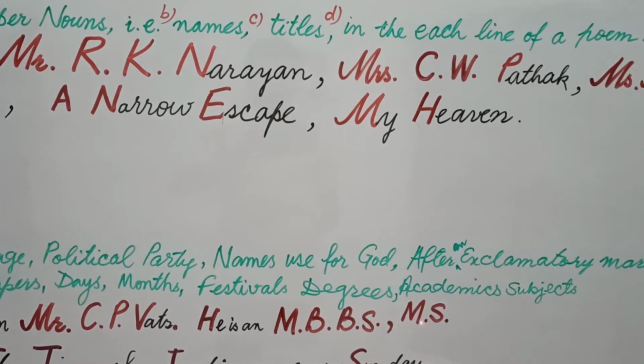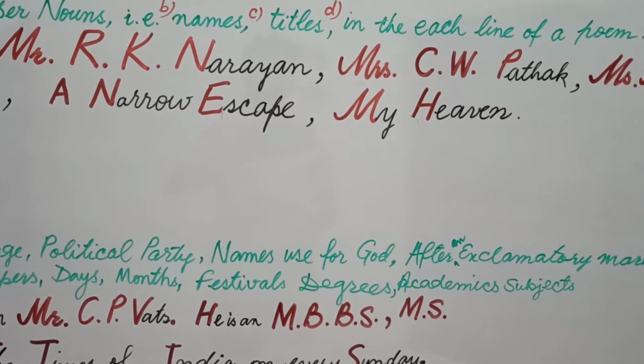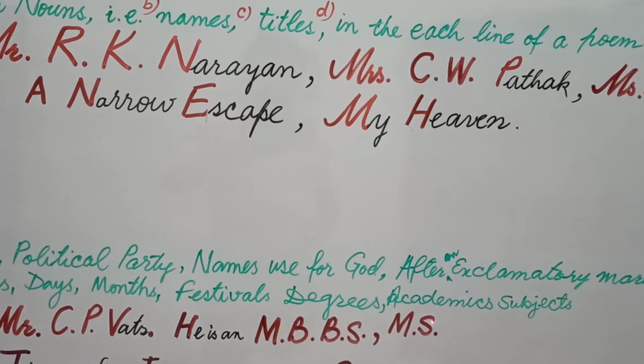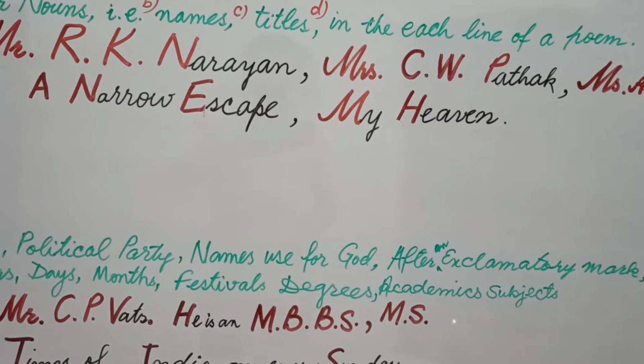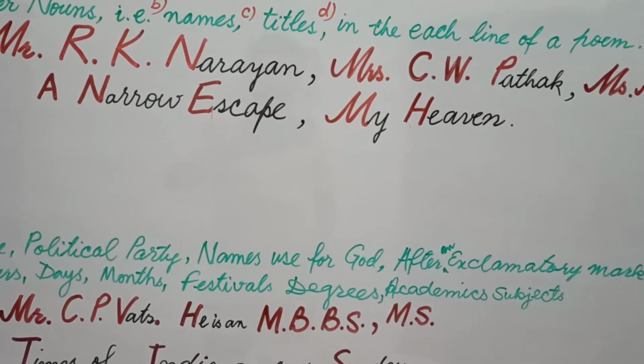M.S. Students, when we write 2 degrees we put a comma in between. And students, after the abbreviation's full stop, we need not write any other full stop to end the sentence. This full stop will do it.